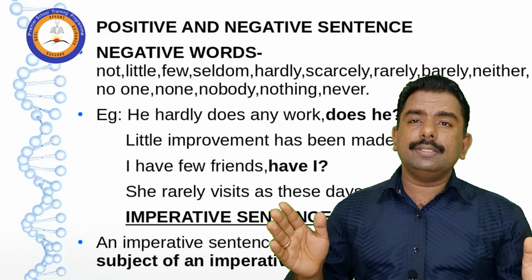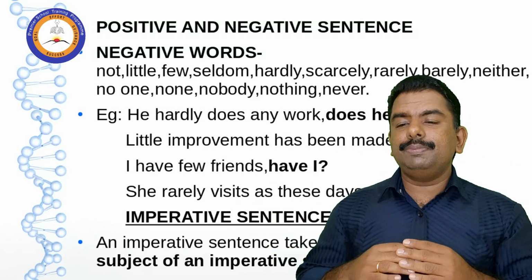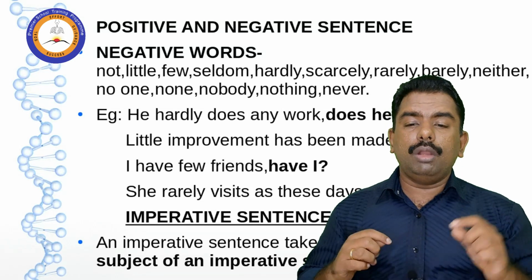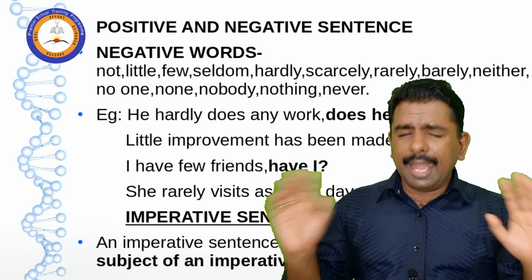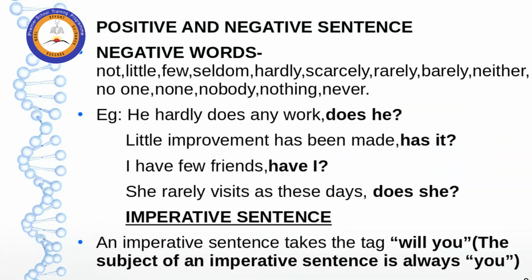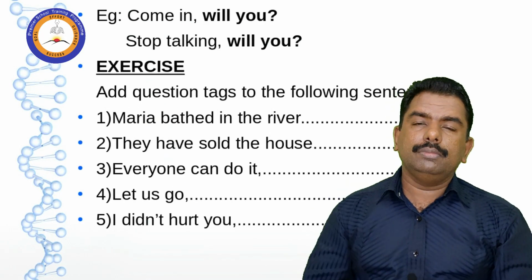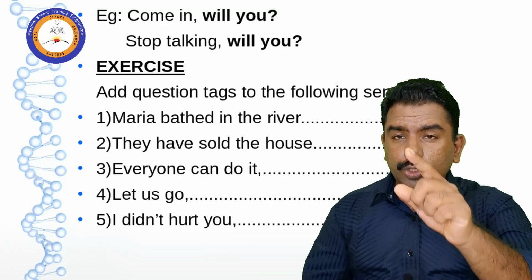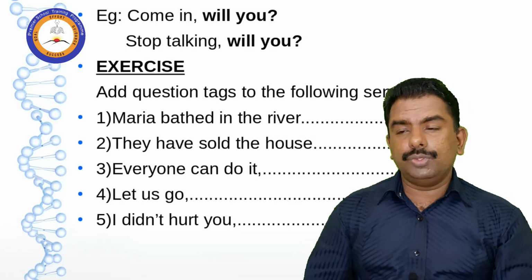Every imperative sentence, the tag is will you. The subject of an imperative sentence is always you, so there is no need of checking anything else. Just keep in mind: imperative sentence, will you. Examples: Come in, will you? Stop talking, will you? Then these are the exercises that you have to do.